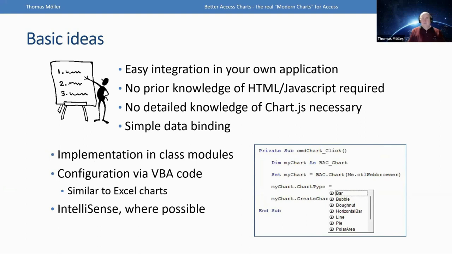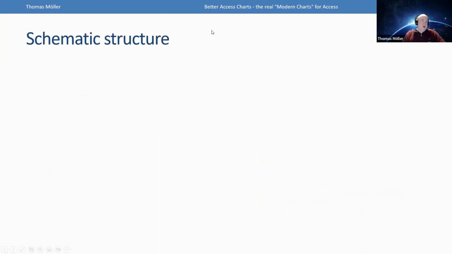This is absolutely similar to Excel charts when you try to automate Excel. And my intent was to give you IntelliSense wherever possible. So you can see a small portion of code, how it looks.